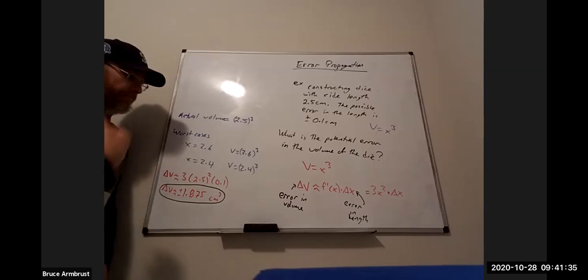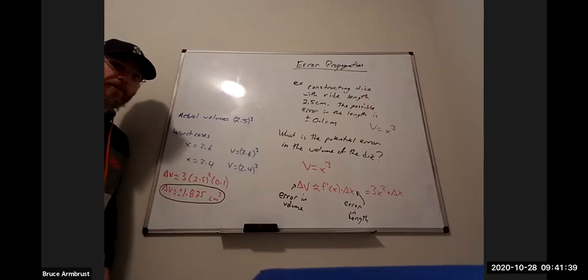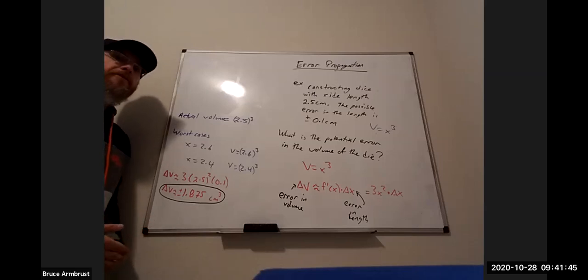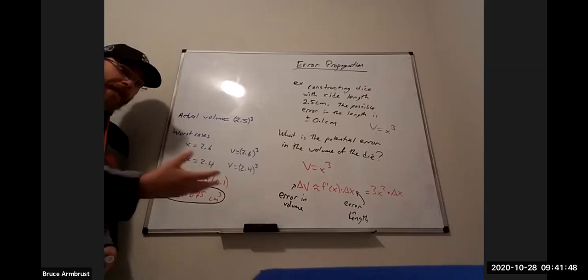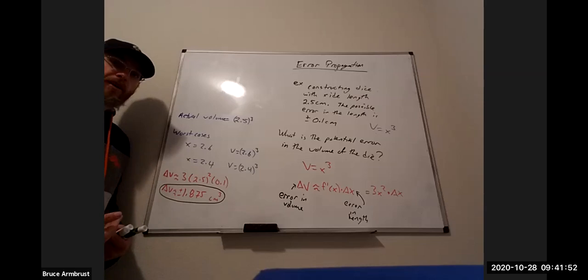All right, so I was able to get that error pretty quickly just by using calculus. So this is what I mean when I talk about error propagation and how we can figure out what potential error we have later for measurements that we've done along the way.